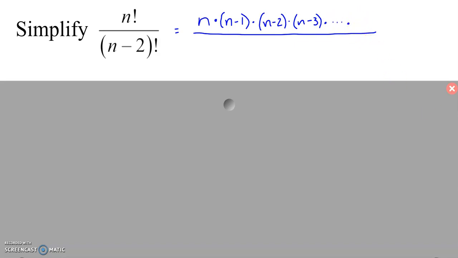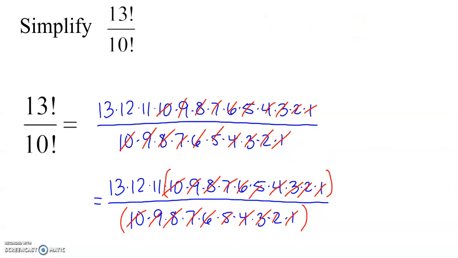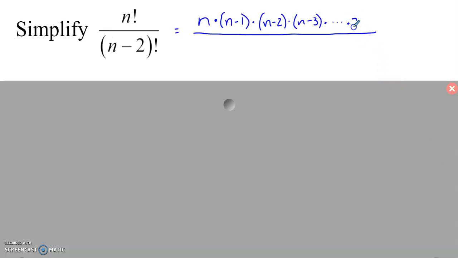When do you stop? Well, whenever you do a factorial, you stop when you get to times 2 times 1. Since n could be anything, there could be any number of numbers here. We don't know how many are in this. It's however many you need until you get to times 2 times 1. And really, if n is a small number, we might not even need these ones because there are so few numbers on top.